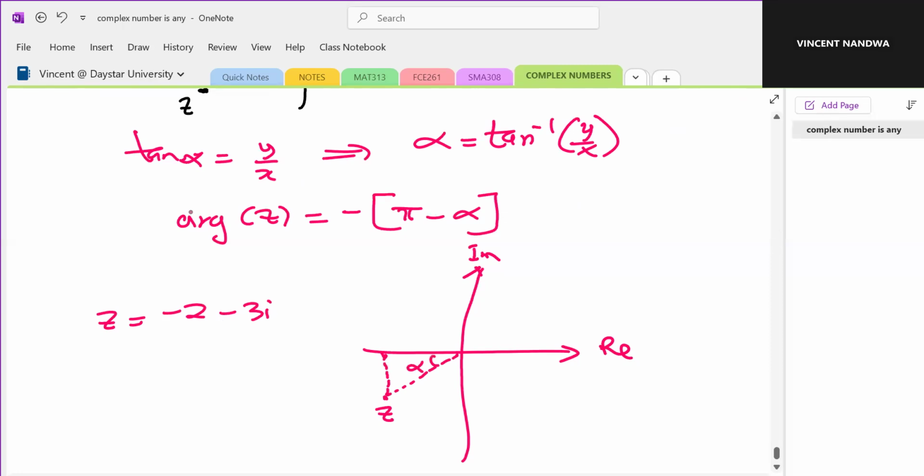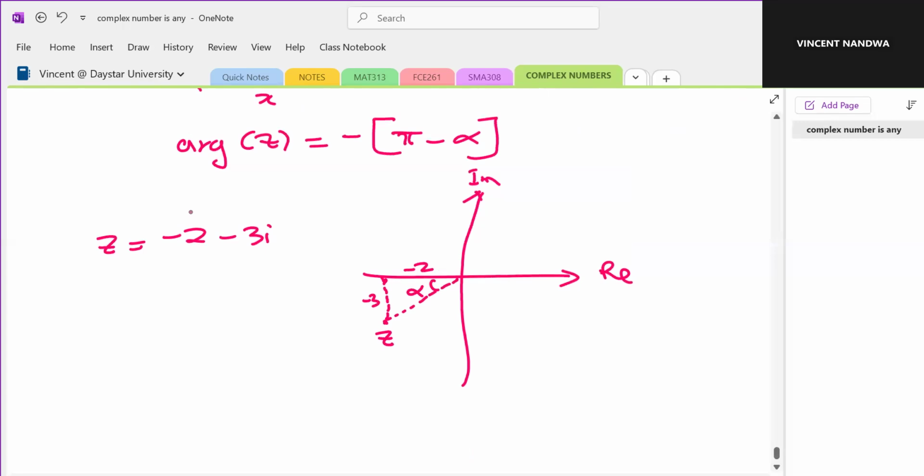Call this one alpha, along the x is 2, along the y is 3. So tan alpha is opposite, 3 units, over adjacent, which is 2 units. So alpha alone will be tan inverse of 3 over 2. So 3 divided by 2, then tan inverse of that answer is 56.